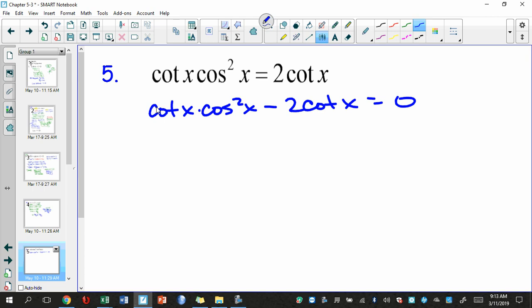I need you to think of algebra skills. I like taking out a cotangent much better than what I like doing anything else. Why? If I pull out a cotangent, it leaves me with what? Cosine squared of x. Keep going.